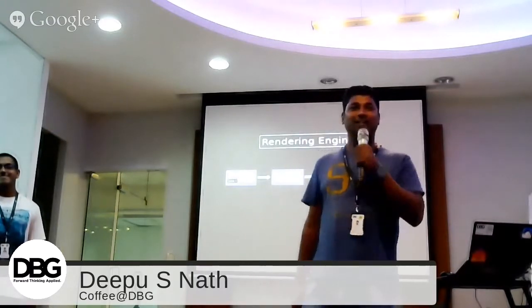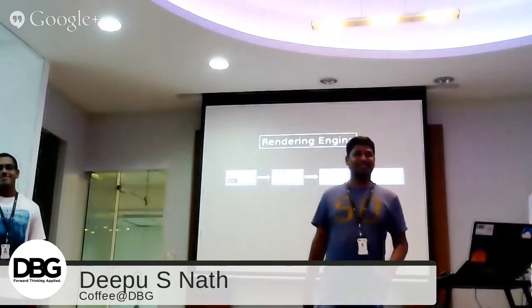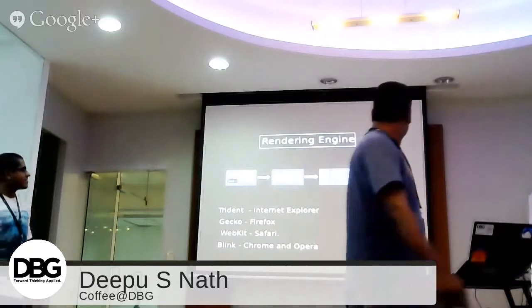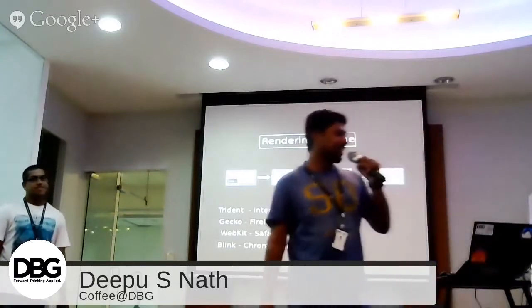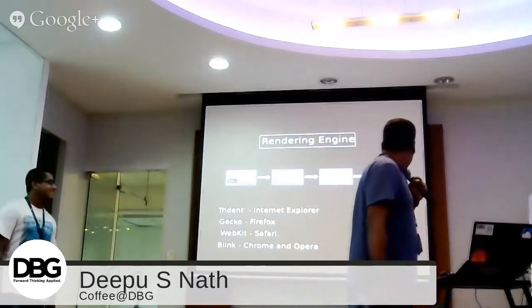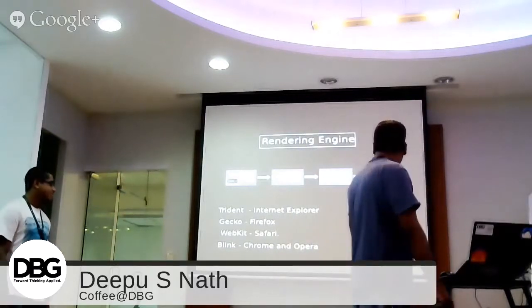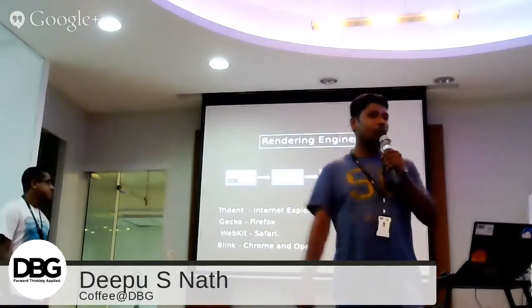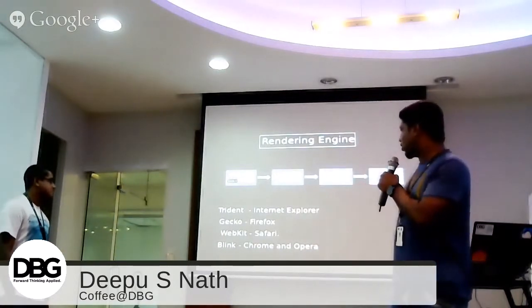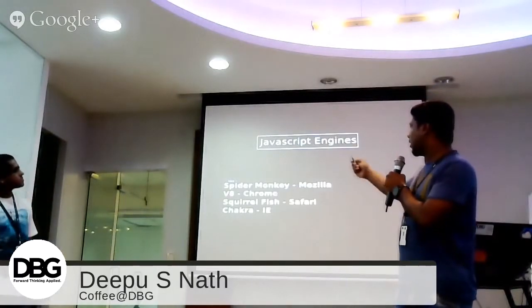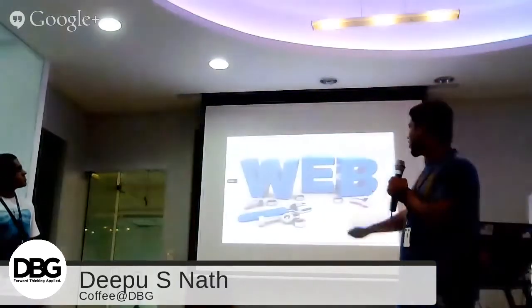What is the rendering engine used in Mozilla? The tip is simply Blink, as Sudha says, a fork of WebKit used in Chrome and Opera. Then we talked about the JavaScript engines: SpiderMonkey, V8, SquirrelFish, Chakra, etc.